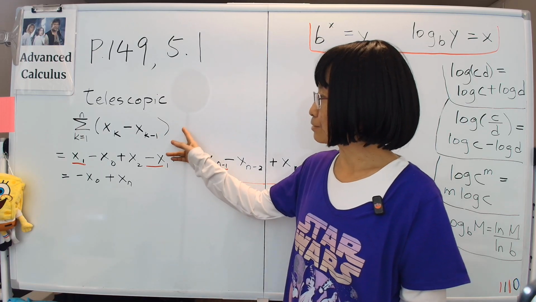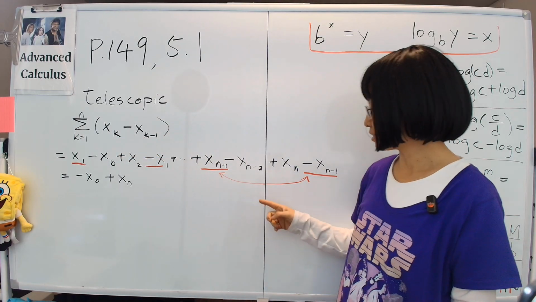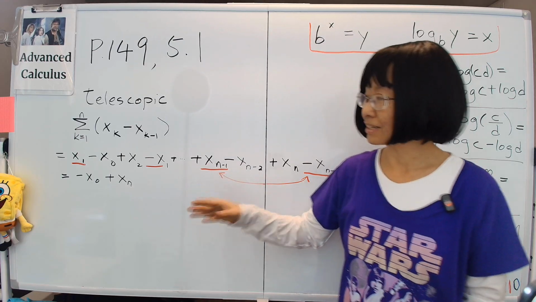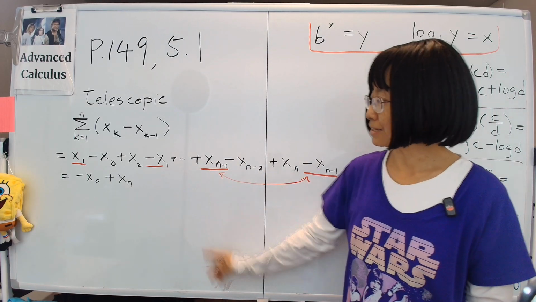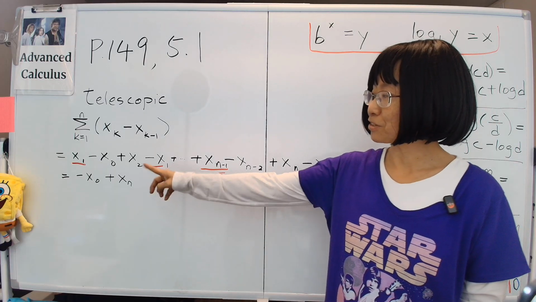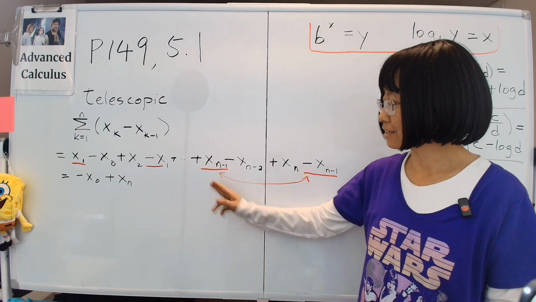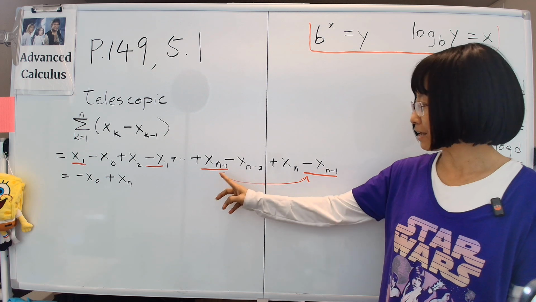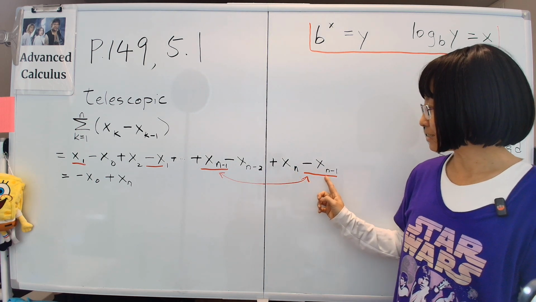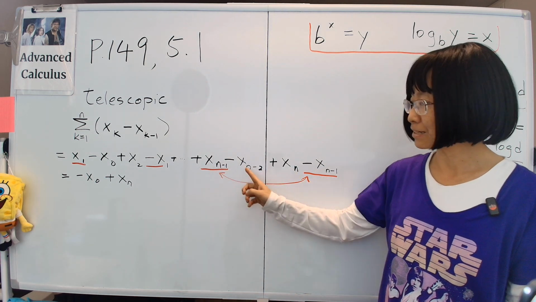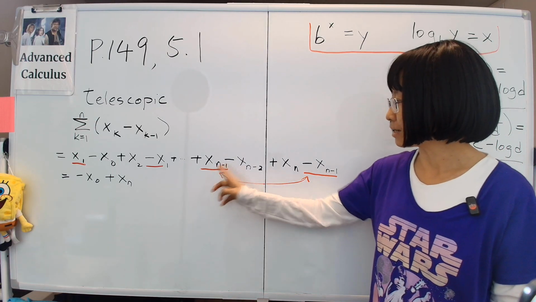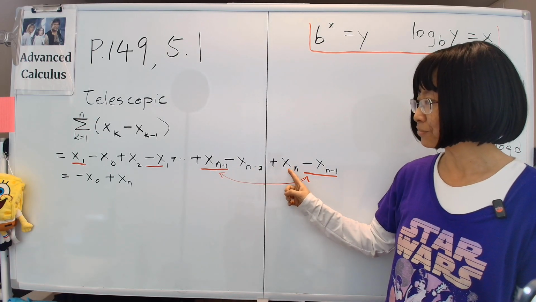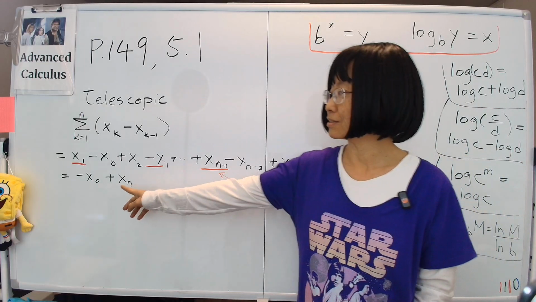The reason is because if you write this thing out, you get this: starting with k equal to 1, x1 minus x0, and then x2 minus x1, you notice x1 got subtracted out. And this continues to happen. Each time you have xn minus 1, the xn minus 1 term will get subtracted out, so all you have is the last term xn and the first term x0.